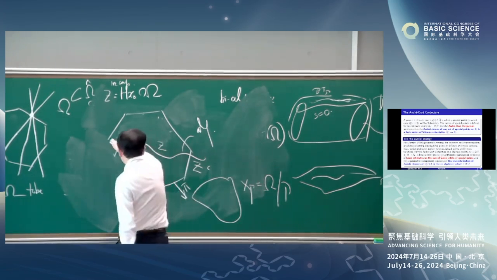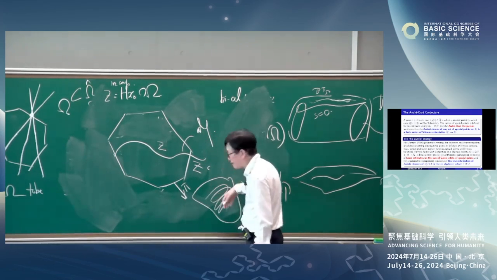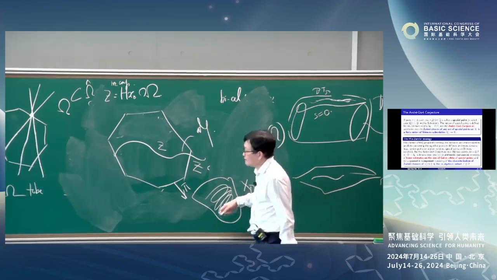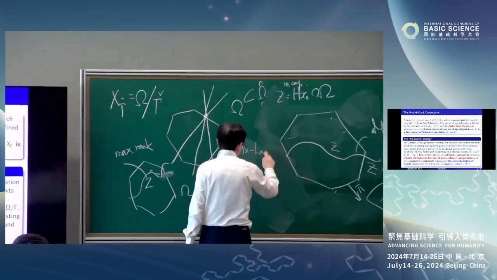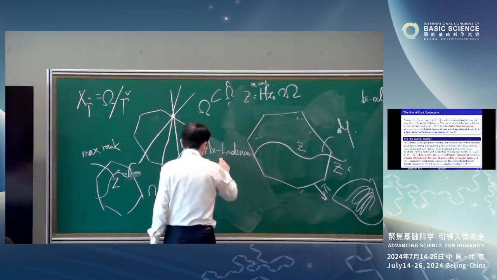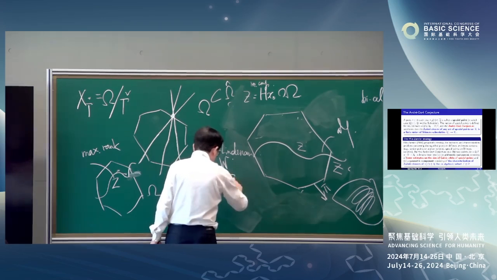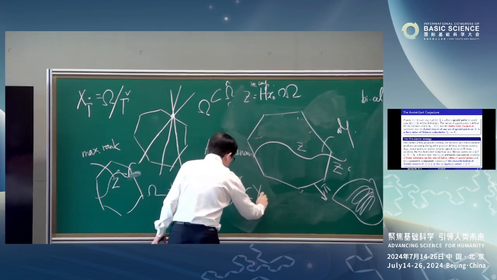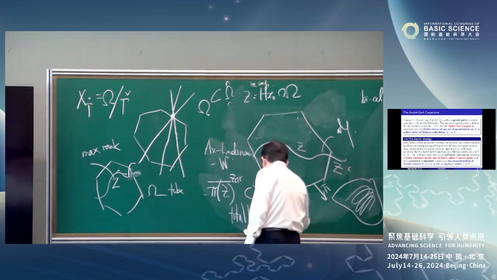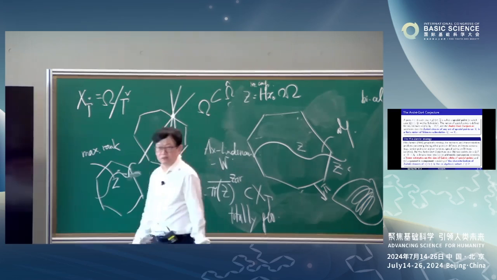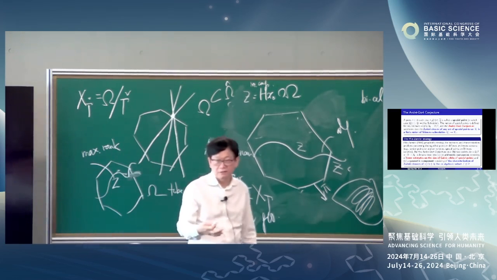You look at this, and of course in general it's not closed, but then you take its Zariski closure. Then what is called the Ax-Lindemann-Weierstrass conjecture was that the Zariski closure inside X_Γ should be a totally geodesic set. So this was the second component if you want to solve the André-Oort conjecture.